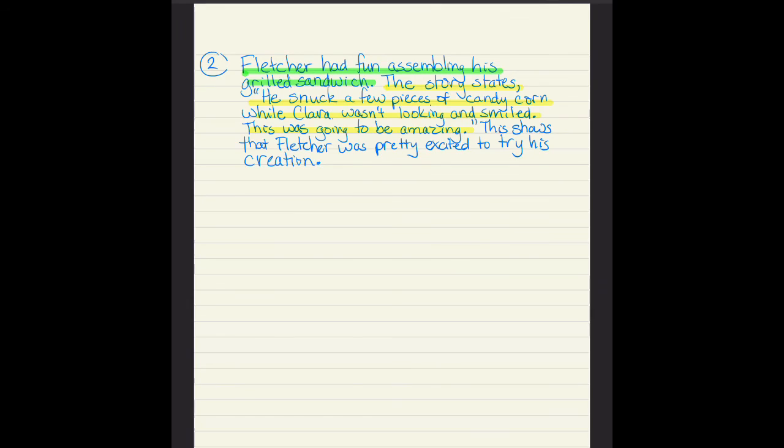Okay, and because that is explaining, that needs to be highlighted with red. In this case, I think it's going to look kind of pink. Yeah, it's going to look pink.